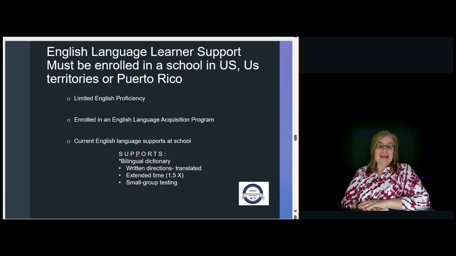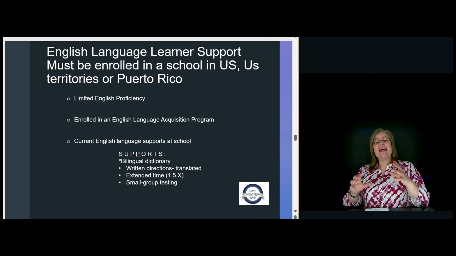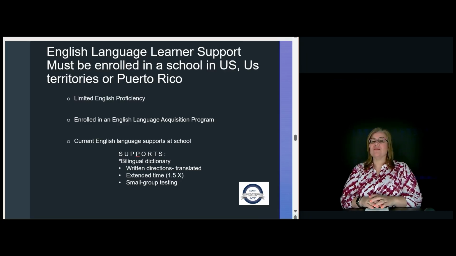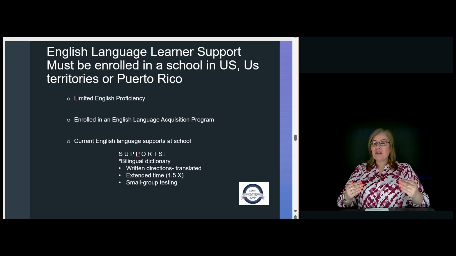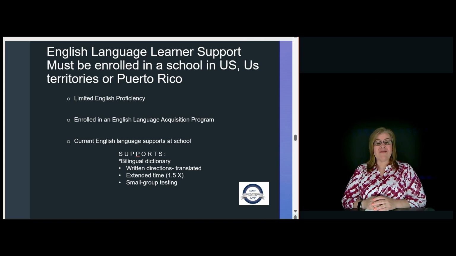The supports that they can get on their ACT may look like a bilingual dictionary, maybe written instructions that are translated into their native language. They may get extra time, which is time and a half, or maybe they just need to be in a small group test setting. So all of these accommodations are available for our English language learners.